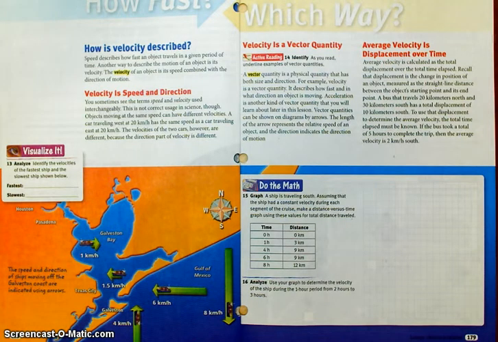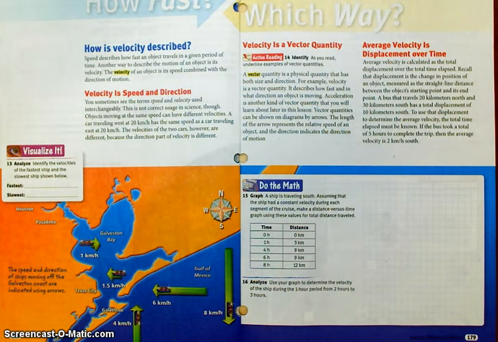For instance, if you run one lap on the track, you have run 400 meters, that's your distance, but you're back where you started, so your displacement is nothing. So if we're really, really picky, velocity is actually displacement over time. But usually we're just going to calculate it numerically the same way we calculate speed. It's just we're going to specify a direction.